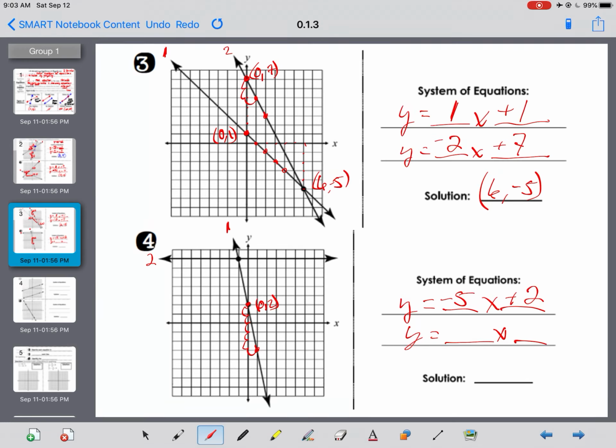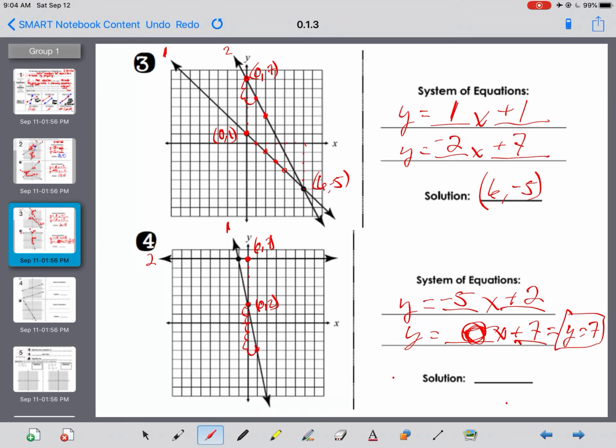So negative 5. And then my other line hits at 1, 2, 3, 4, 5, 6, 7, 0, 7. So it hits at 7. But my slope, I don't go up or down at all. My slope is 0. So really it's y equals 7. That's the best answer because 0 times x is nothing, so we don't have to write it.